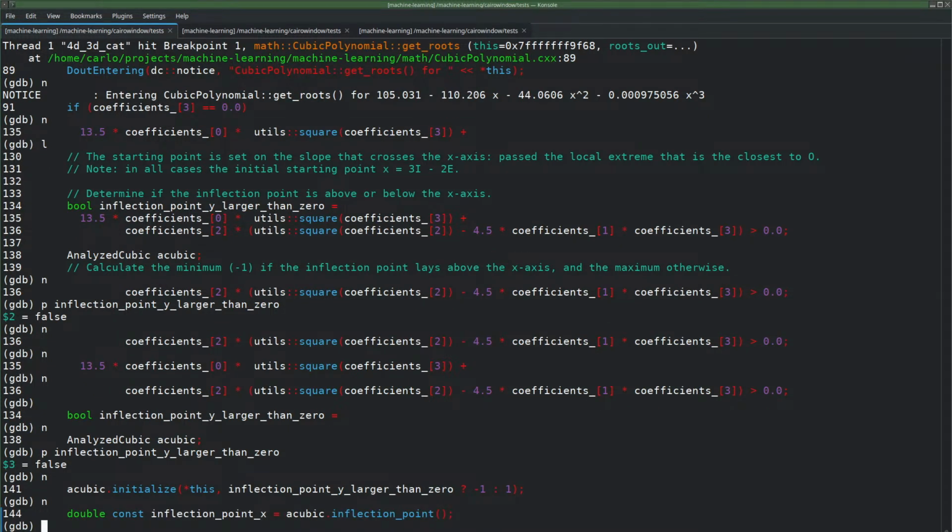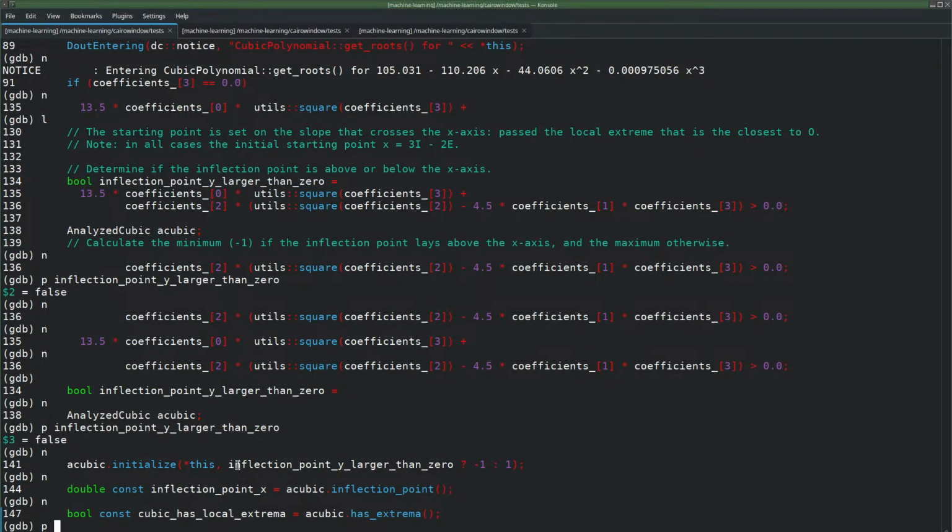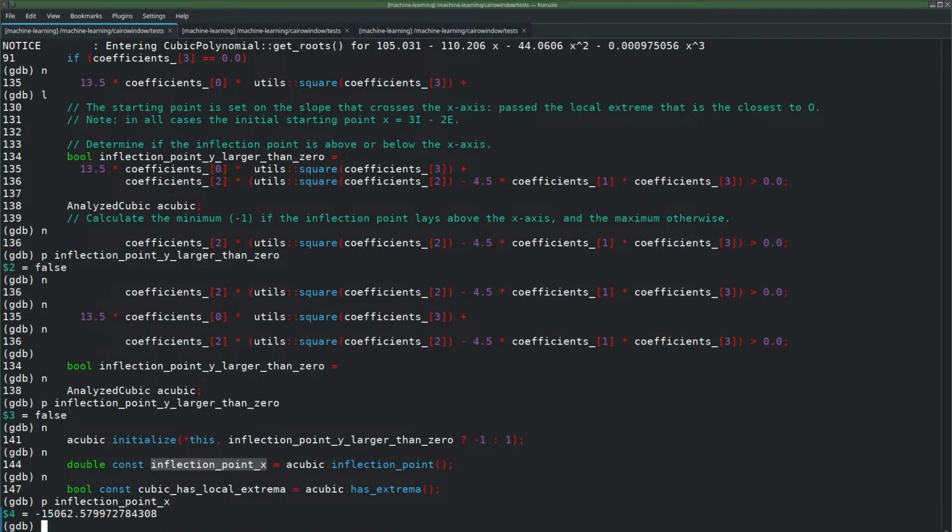And now get the inflection point, and my prediction was that this is going to be somewhere along the minus 10,000 range. Let's see if I was right. Well, minus 15,000.